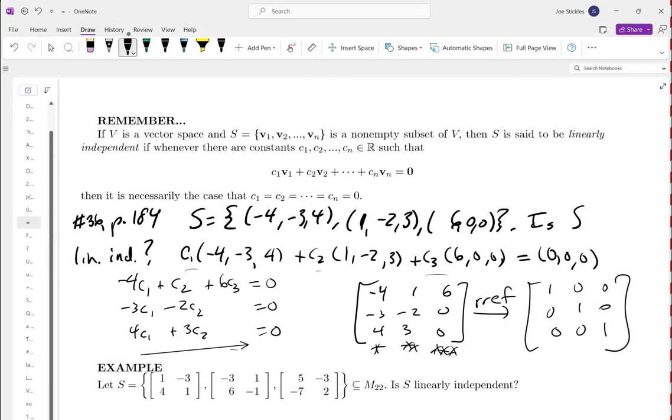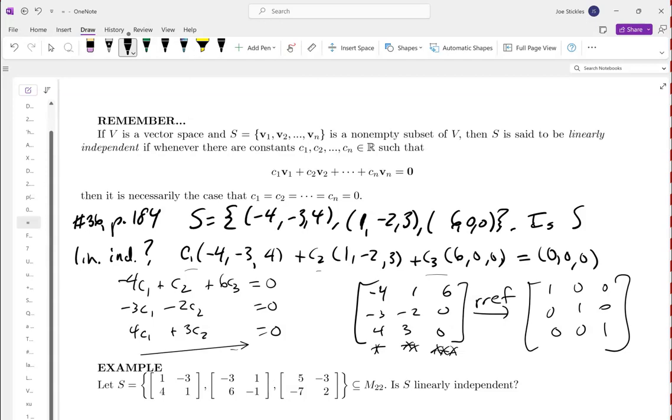You only have to do it one time. Now the only hope you have that it's going to do both is what has to be true? What kind of matrix are you going to have if it's going to both get a pivot in every row and a pivot in every column when you row reduce? It has to be square, right? So that you can get the identity matrix.